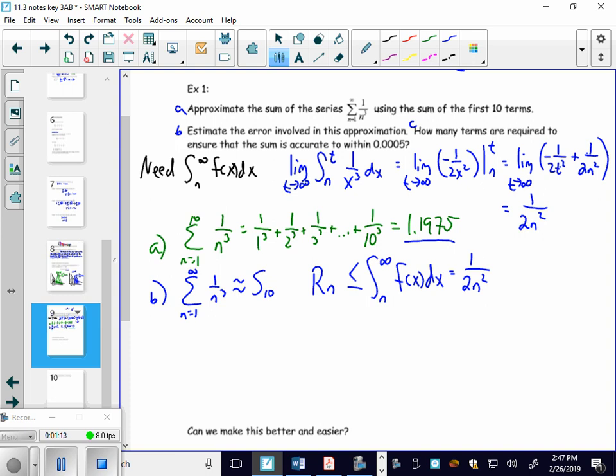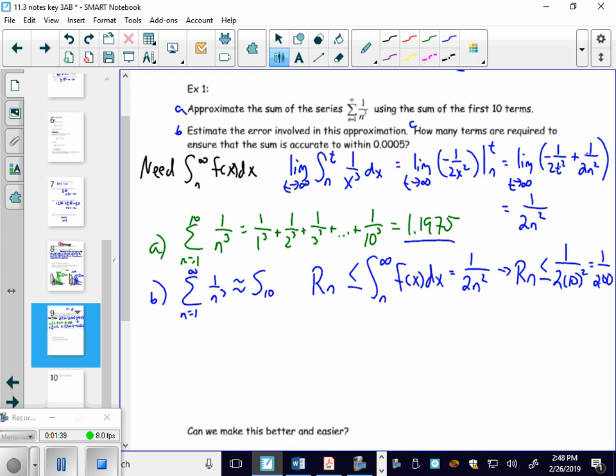Well, in this case, it's the first 10 terms, so n is 10. So that's going to tell us that our remainder is less than or equal to 1 over 2 times 10 squared. So 10 squared, of course, is 100, times 2 is 200.